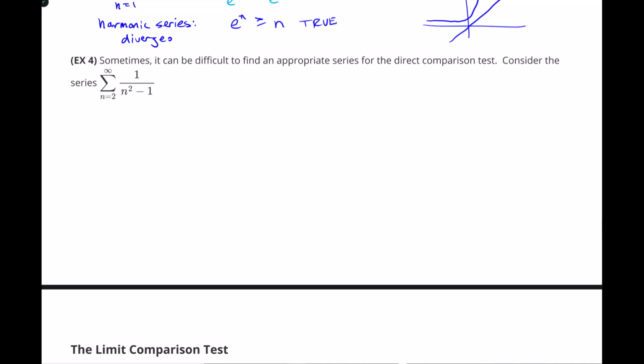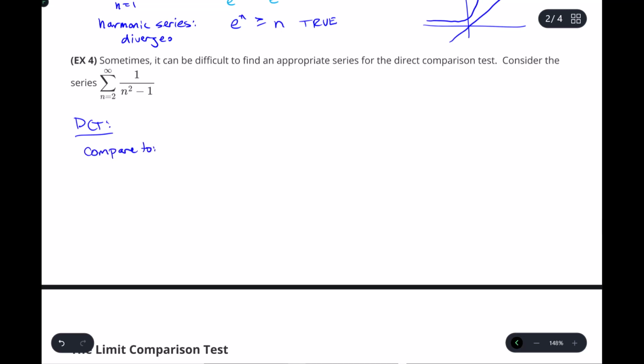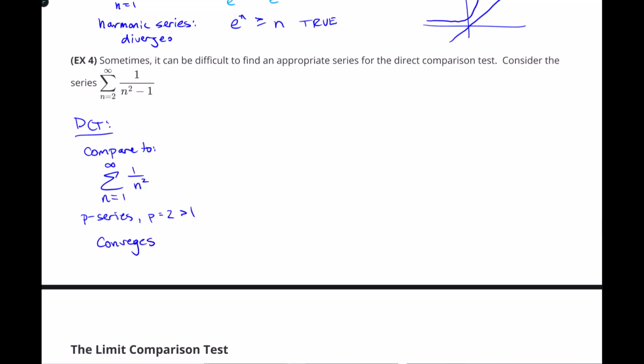So if we do the direct comparison test, I think the most obvious thing to compare to would be a p-series of 1 over n squared. So that's a p-series with p equal to 2, which is greater than 1, so it converges. Okay, so we're expecting convergence.